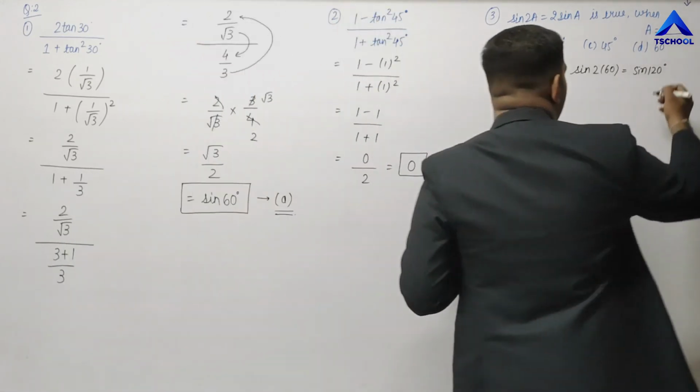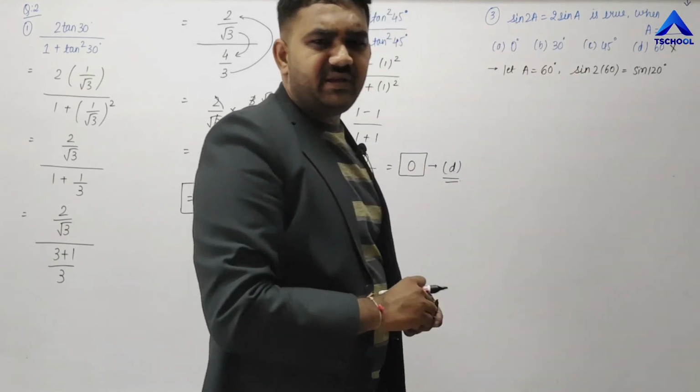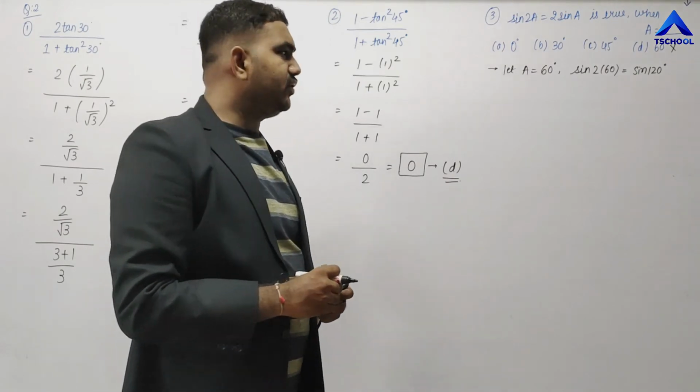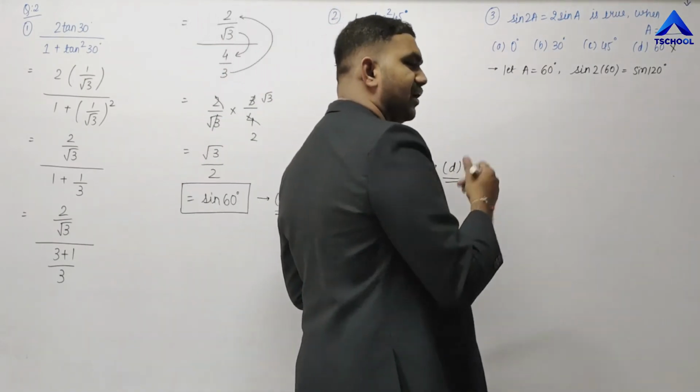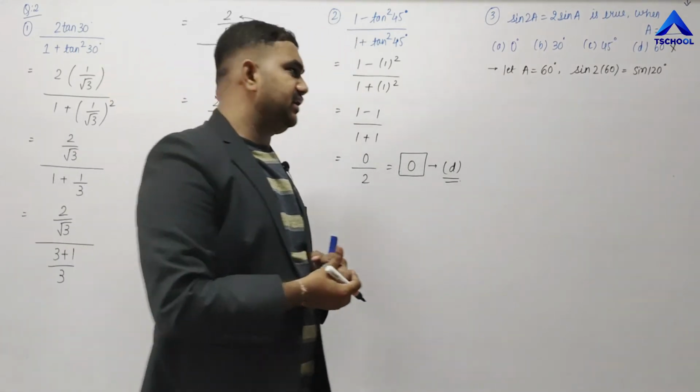So obviously right now this option has failed. Yes or no? Yes, we don't know what sin 120 degree is. So how will we say that it is equal to 2 sin 60? No, that is not equal.